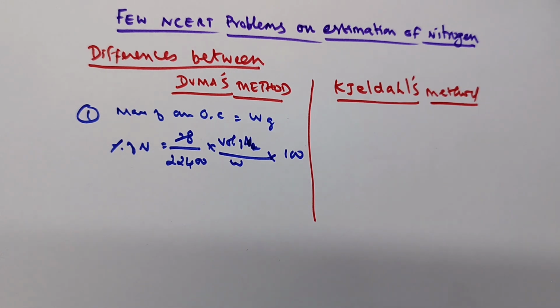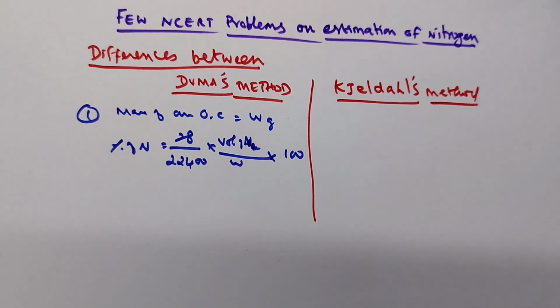Whereas in the case of Kjeldahl's method, a known mass of an organic compound is heated with concentrated sulfuric acid in the presence of potassium sulfate and a little amount of copper sulfate. Here the copper sulfate acts as a catalyst. In a Kjeldahl flask, the nitrogen present in the organic compound is quantitatively converted into ammonium sulfate.